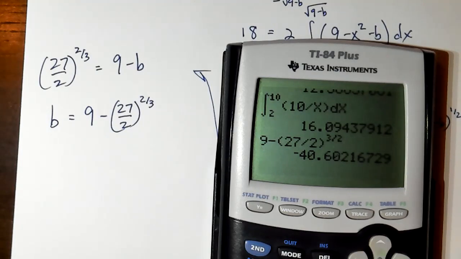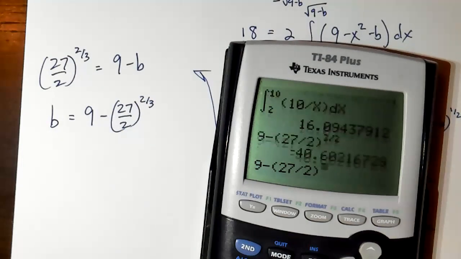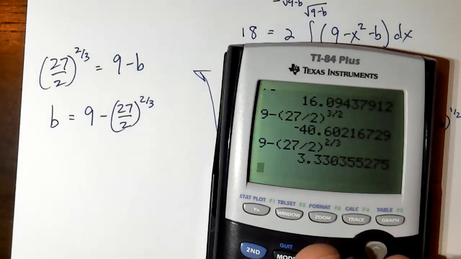That should be 2/3. Sorry. I double checked, and yeah, that doesn't make sense. Let's try this again. 27 divided by 2 raised to the 2/3. There we go.